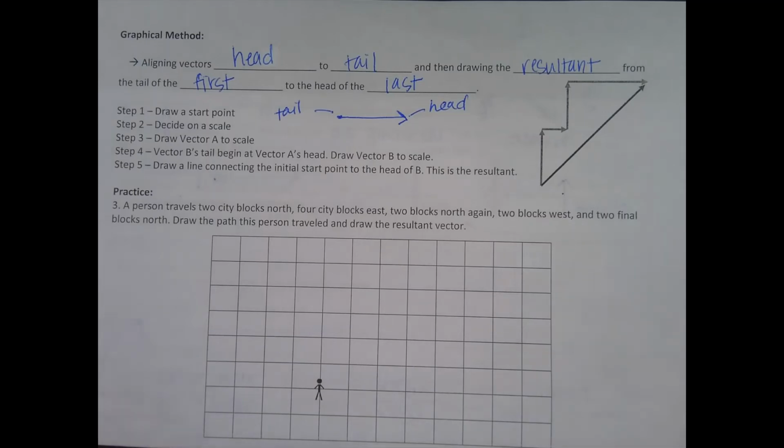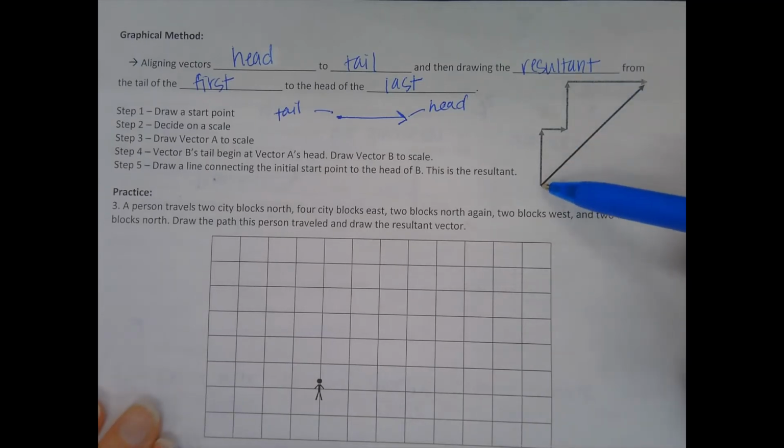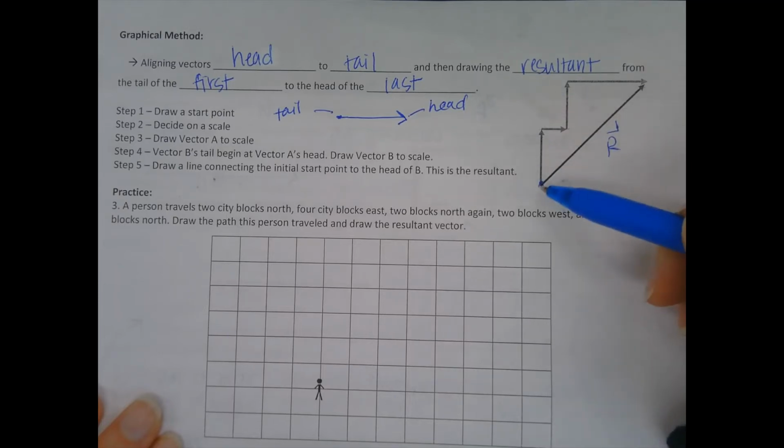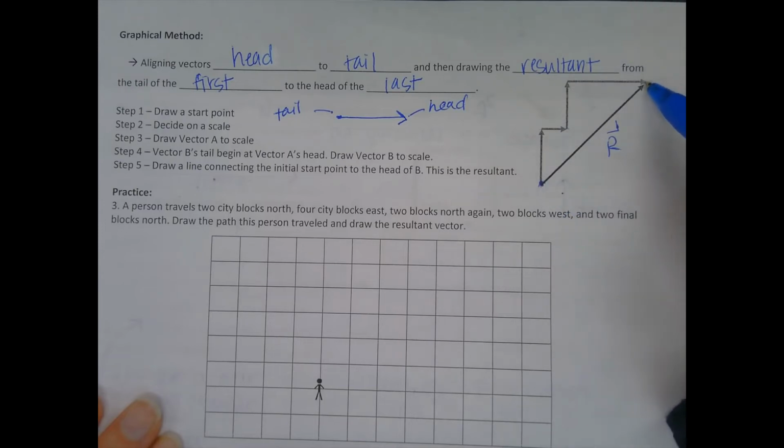If I am looking at this picture, I'm starting down here, and this is the tail of this first vector. The head to tail method means that I line them all up and stack them from tail to head, tail to head, tail to head. After you do that, you can find your resultant vector by connecting the very tail of the very first one to the very head of the very last one. This is what the head to tail method is.